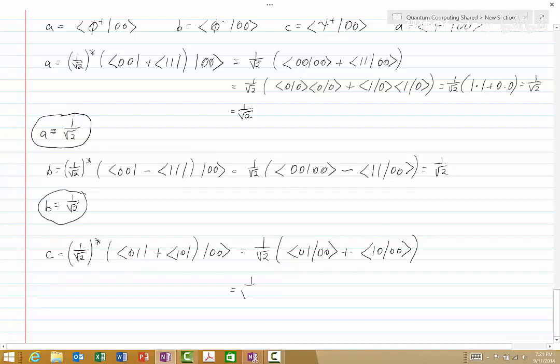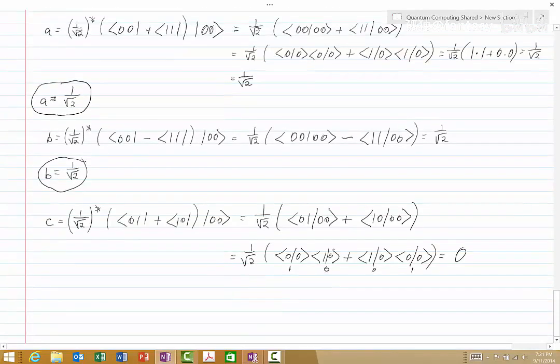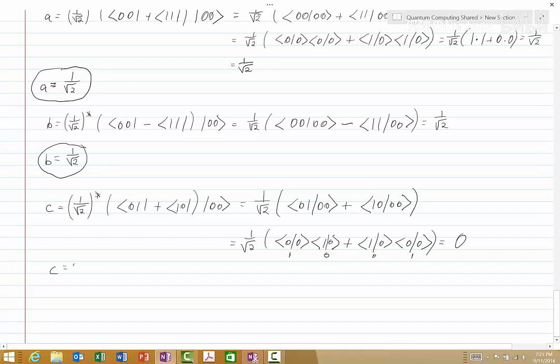And that is 1 over square root of 2 times 0, 0, 1, 0, plus 1, 0, 0, 0. And we see that this is 1, but that is 0, this is 0, and that's 1. So this is overall 0. C equals 0.